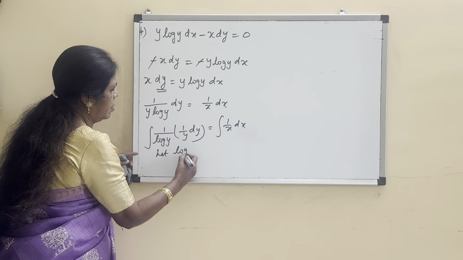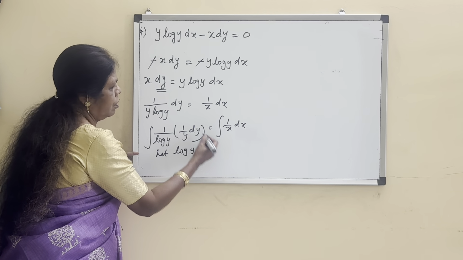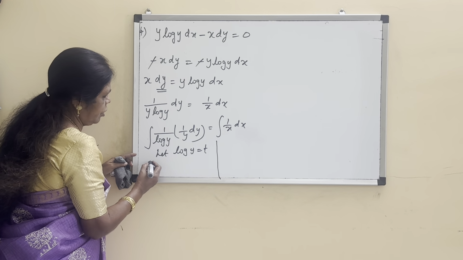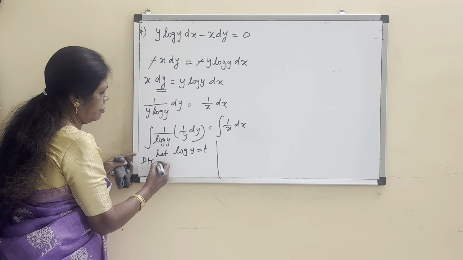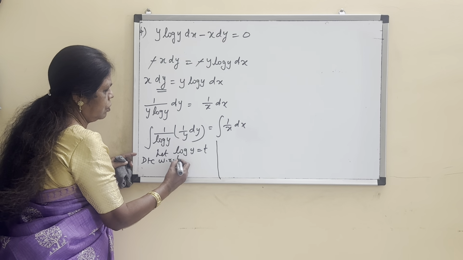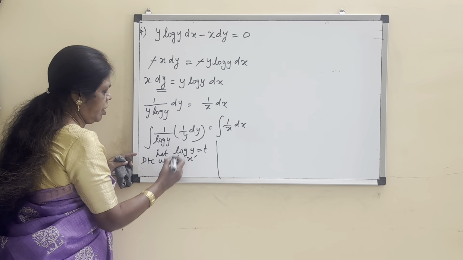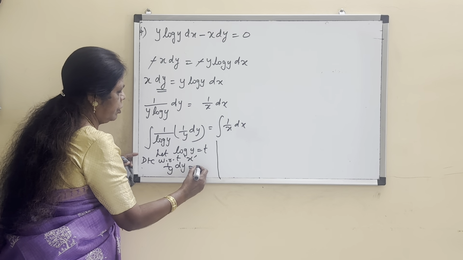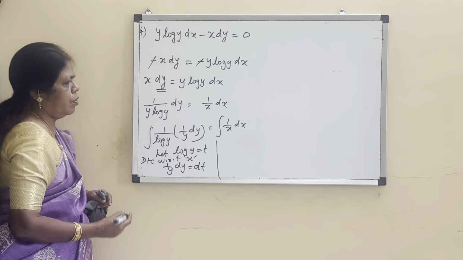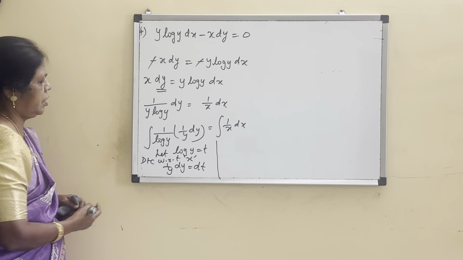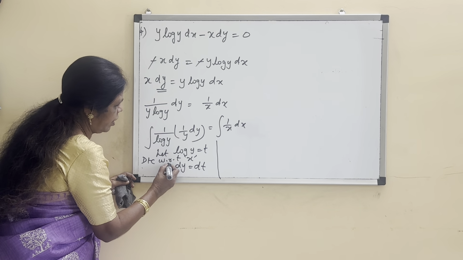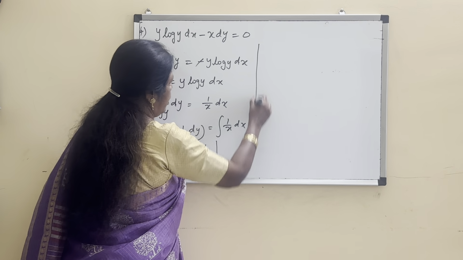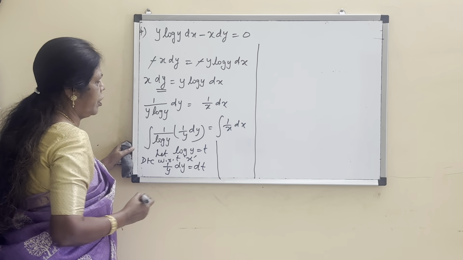Here, let log y equal t. Only for this we are substituting. Differentiating, 1 by y dy equals dt. So write clearly, 1 by y dy equals dt. Now I am going to substitute for this.